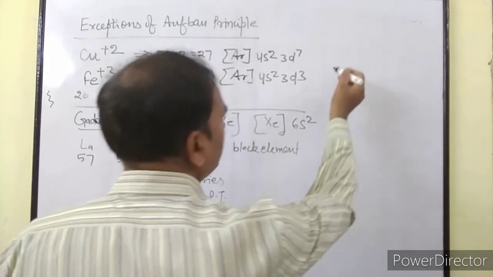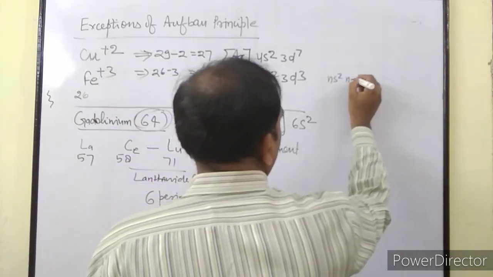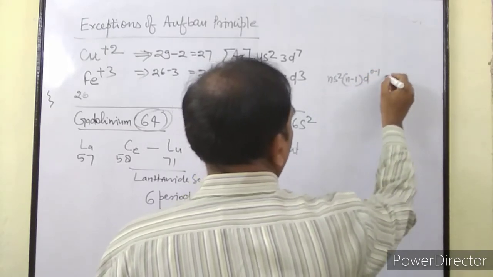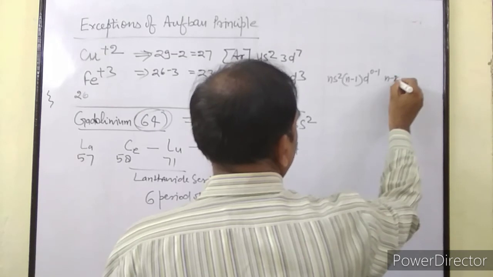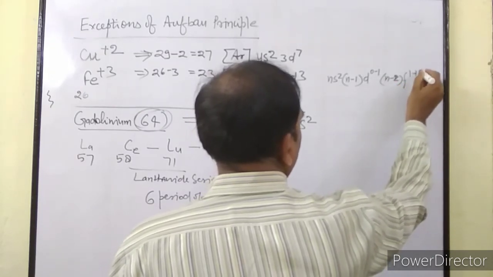We know very well the electronic configuration of F block element: n-1 d 0 to 1 and n-2 f 1 to 14.